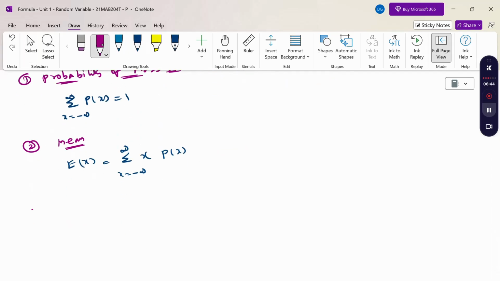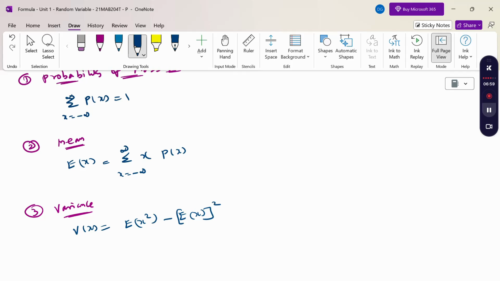And then variance: variance of X equals E of X square minus E of X whole square. We know the E of X value, so this is the formula.